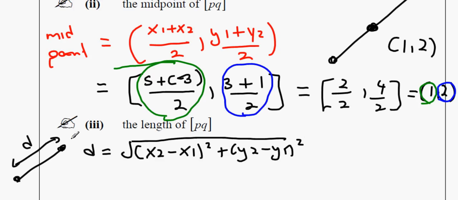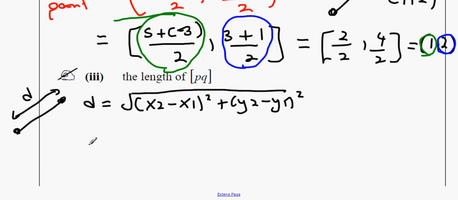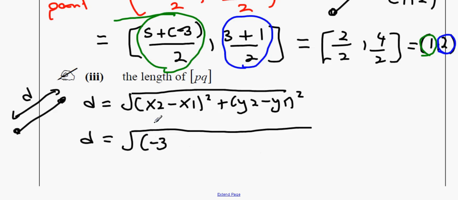Okay, and what we're going to get here is the following: d equals, now keep the square root sign going, the square root of x2, which is minus 3, minus x1, which is 5, plus y2 is 1, minus y1 which is 3, and we're going to square both of them here. Put this into your calculator.